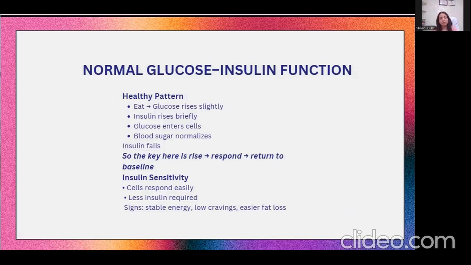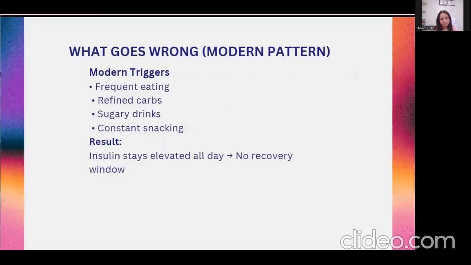If the insulin stays high all the time, that is the problem, where the body will not be able to go into a rest mode. ठीक है, so there the body is basically in fight and flight mode, and will not be able to recover properly with one management cycle, right?